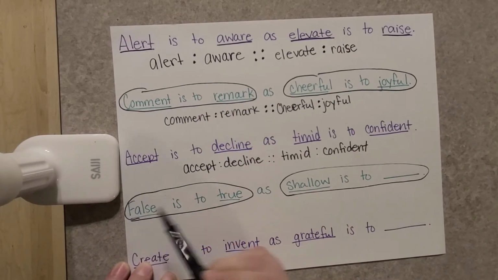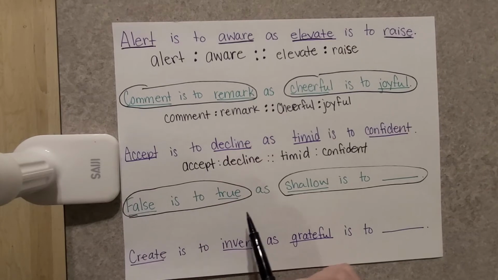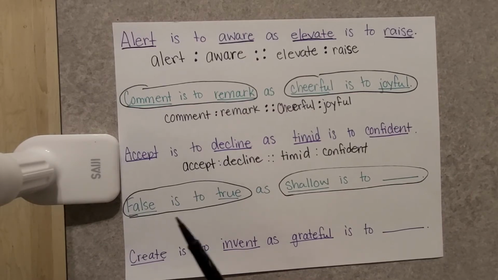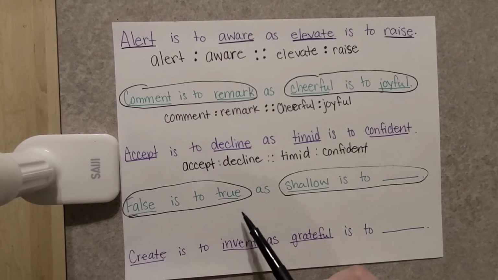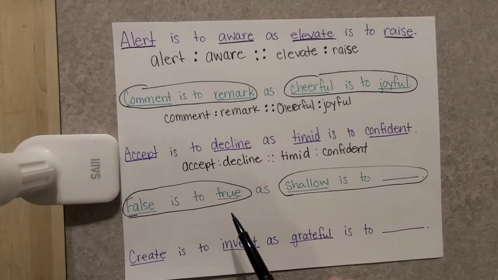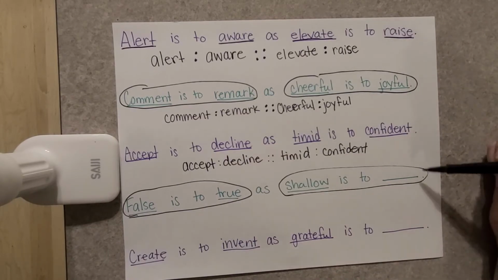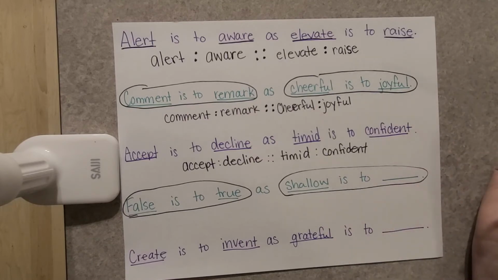So I gotta go back to false and true and decide how those words are similar or different, if you're thinking of antonyms. False is wrong, true is right. Those have opposite meanings. They are antonyms. That means whatever word I choose to put in this blank must be an antonym of shallow.